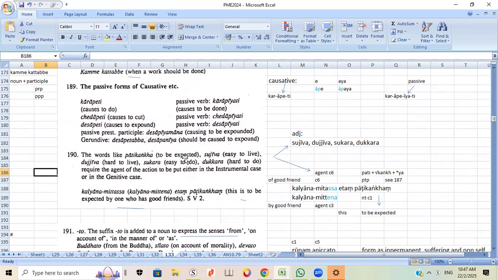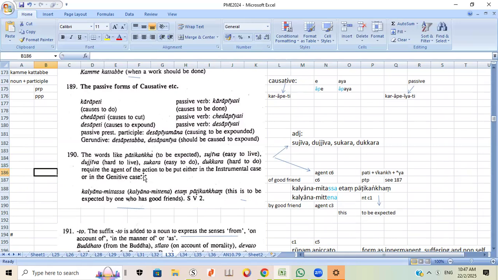That means you know that this is a past participle already. And then some of them are not past participle. For instance, like this one, the word sujiwa, dujiwa, dukara, all this is adjective.